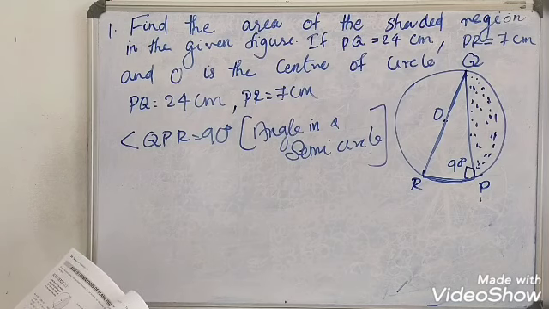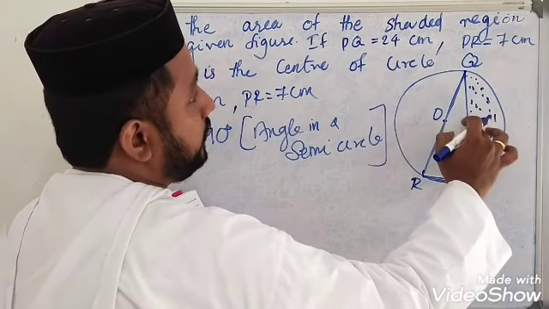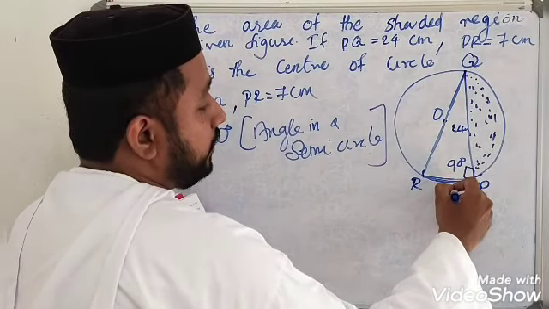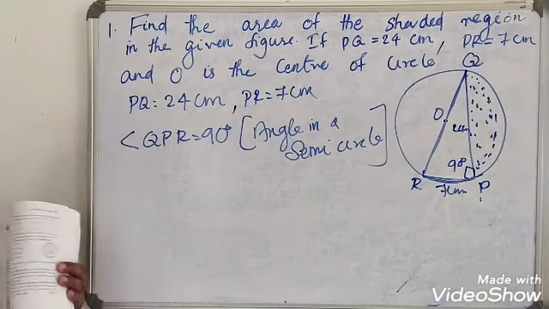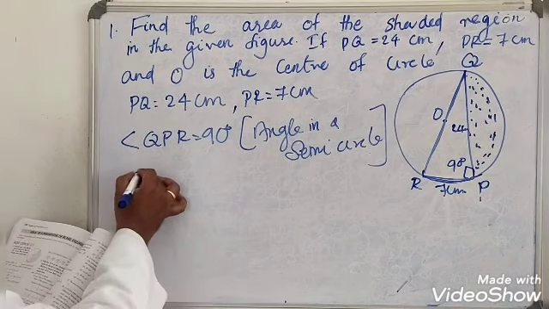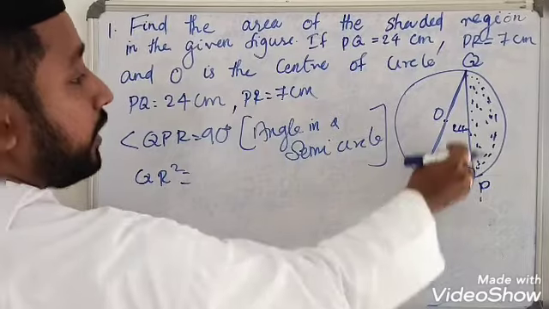So we can find this QR. This is a right triangle. This is 24 centimeter. This is 7 centimeter. So we can find the length QR. So we know QR square is equal to base square plus height square.